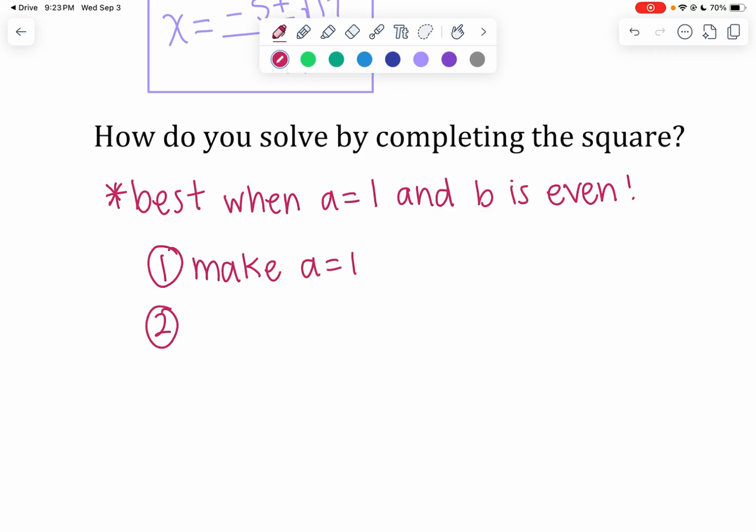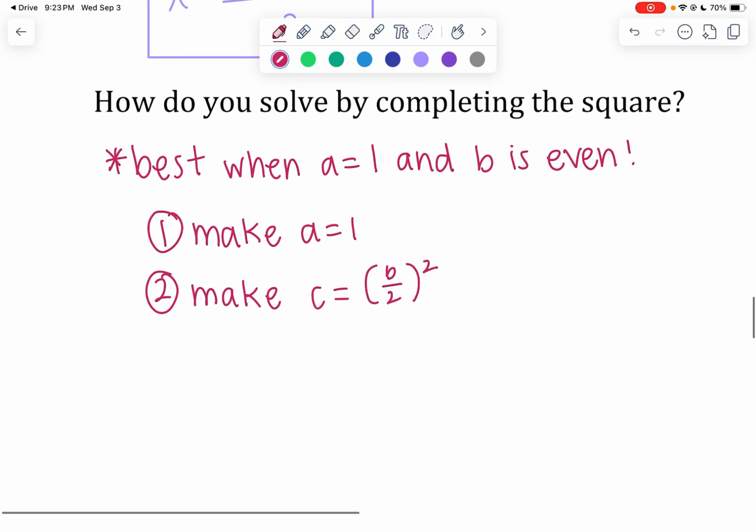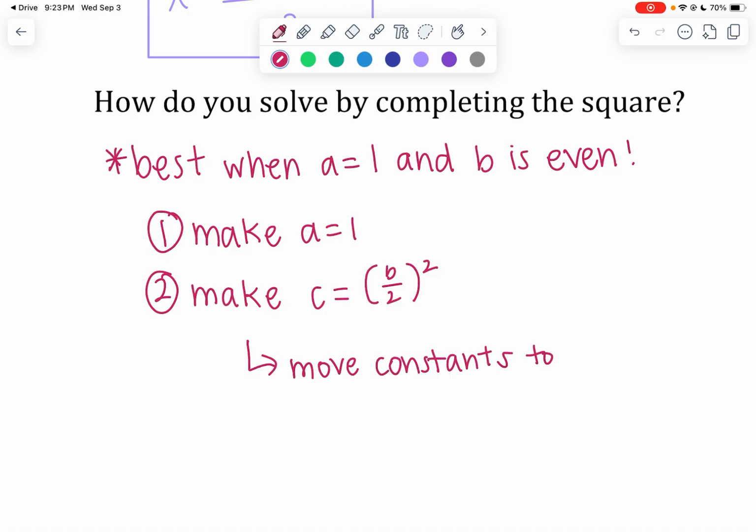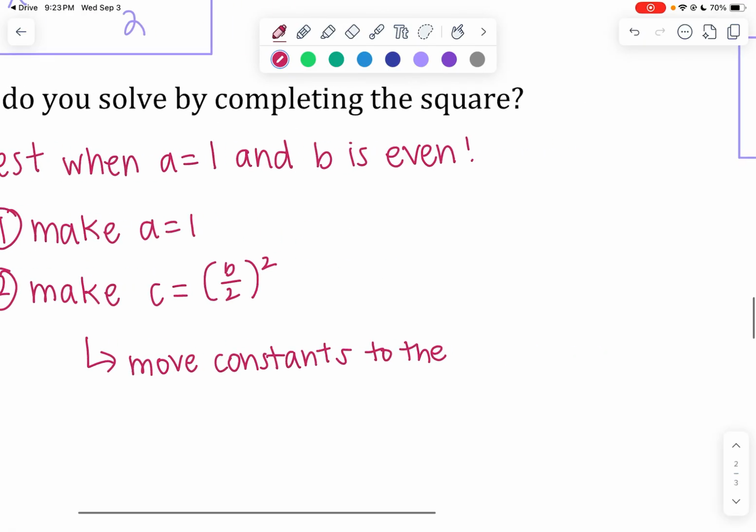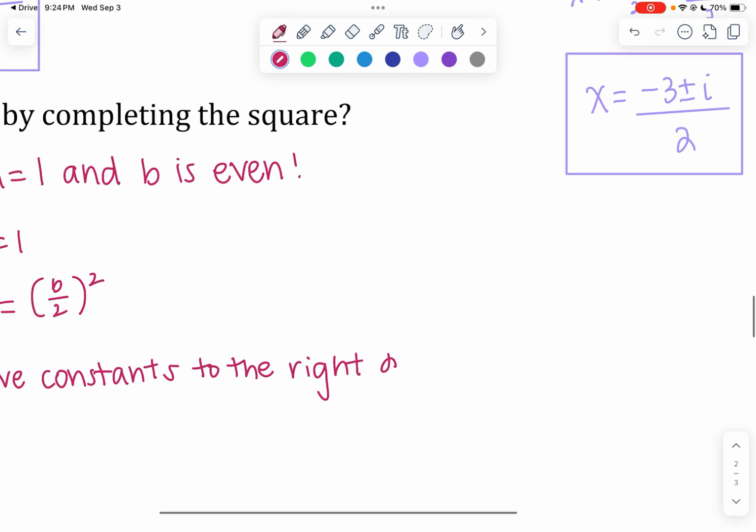Okay, after that, we make our c, right? So we make c and it has to equal b over 2 squared. And when I say make c, remember that you have to move your constants to the right. And then add c to both sides.